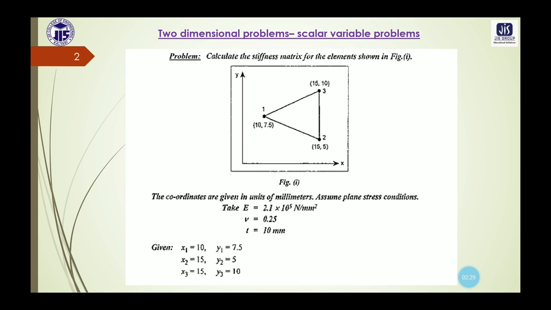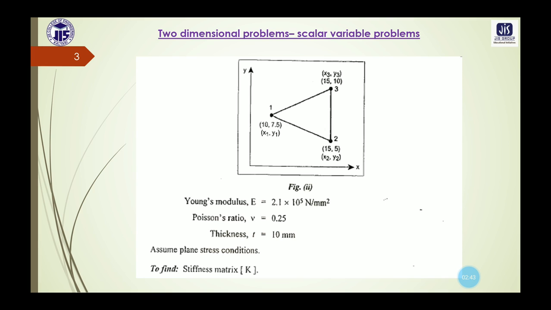Corresponding to point 1 we have considered the coordinates x1 and y1. Similarly, corresponding to point 2 the coordinates x2 and y2, and corresponding to point 3 we have considered x3 and y3. These are the things that we have written in the provided diagram.